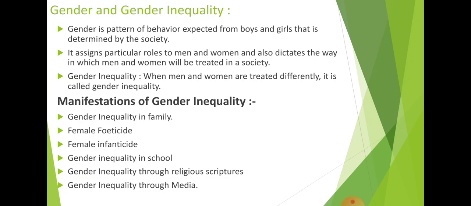Men always enjoy more rights and privileges than women, and women are made to follow various restrictions. So in the religious scriptures also, several restrictions are there to be followed by women, not by men.